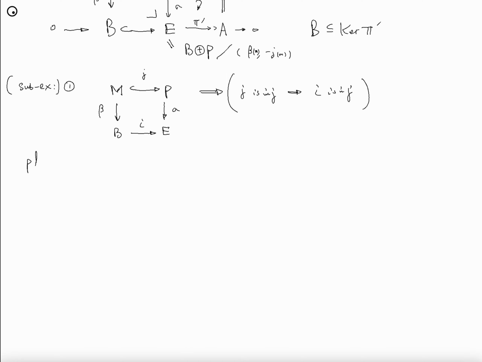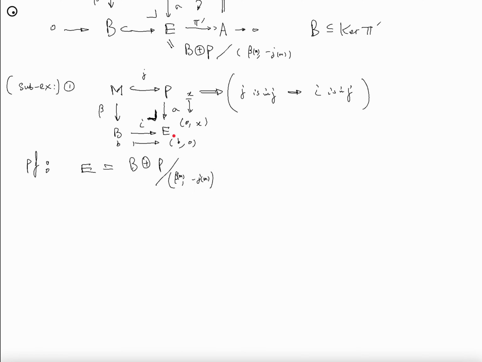As I said, recall that by the definition of pushout, E is isomorphic as an R-module to P quotient by beta minus J. And so we know that I and sigma are defined as: B is mapped to (B,0), and then X is mapped to (0,X).